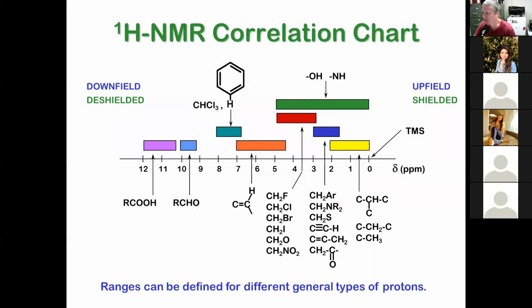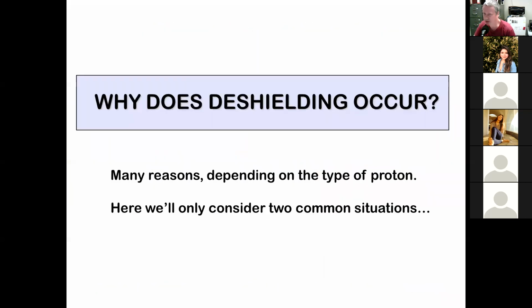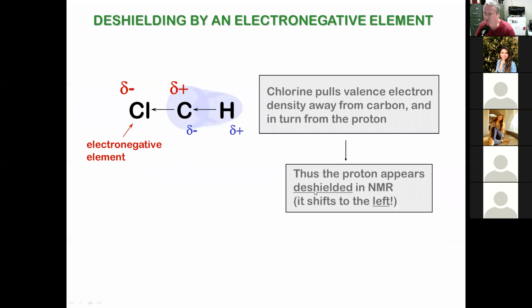Okay. Why does deshielding occur? We already kind of talked about that. Many reasons. We're going to talk about 2 situations, though. Why does deshielding occur? And what happens when things are deshielded? They move to the left, right? Left. Okay, so the first one, like we already explained this, right? Chlorine, electronegative. CH.